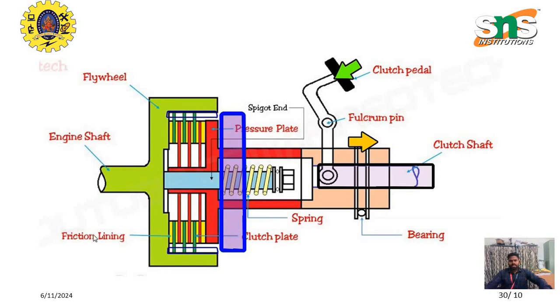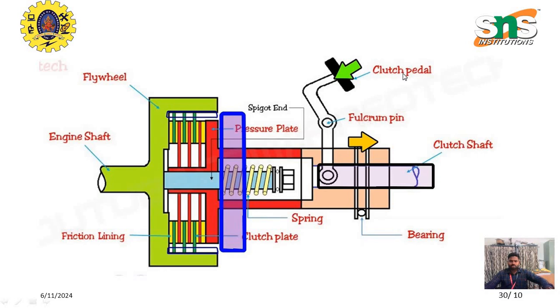Here the engine shaft is connected to the engine outlet, so that it makes the connection between the clutch, flywheel, and the engine. The flywheel acts as a balancing medium to balance the load and power.